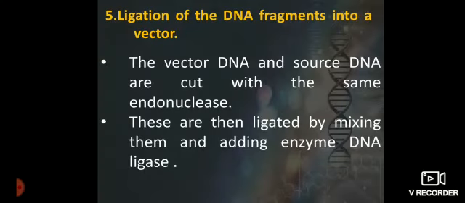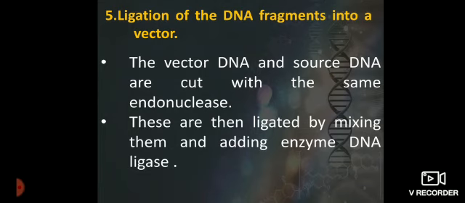In continuation with the topic, the process of recombinant DNA technology, I'll start with the 5th step, ligation of the DNA fragments into a vector. Ligation means joining of the DNA fragment into a vector.